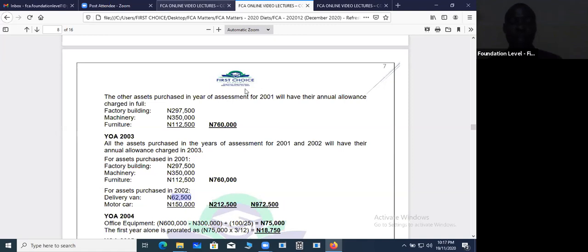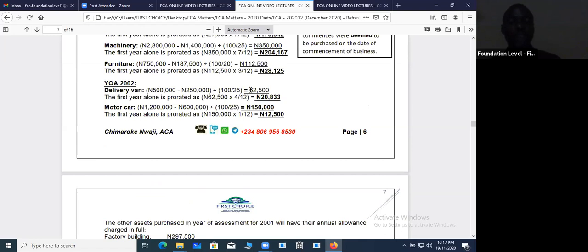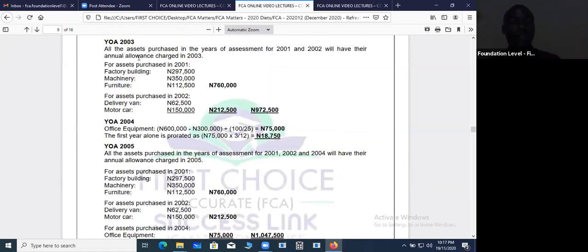If you can remember from my workings here, is this 62,500 and is this 150,000 that I'm featuring? 62,500 and 150,000. Add them together, you have 212,500. Add it to 760, which is assets from previous year, you have 972,500. So that's what you use as your capital allowance.